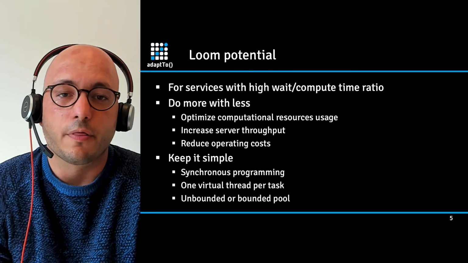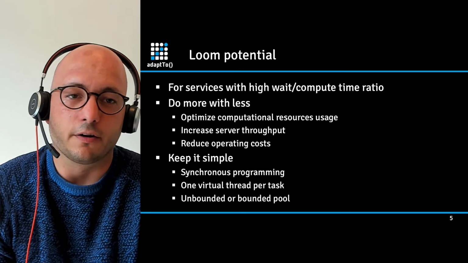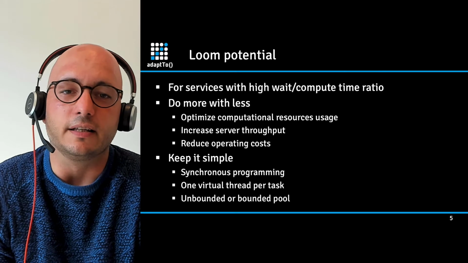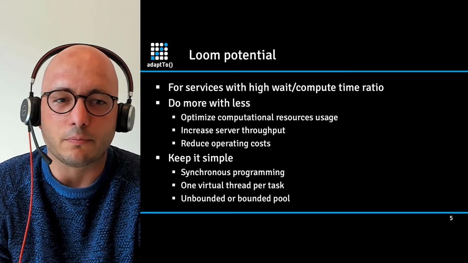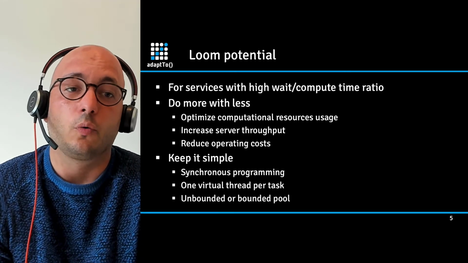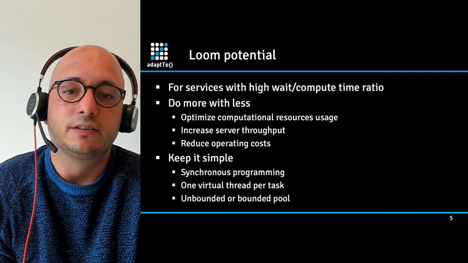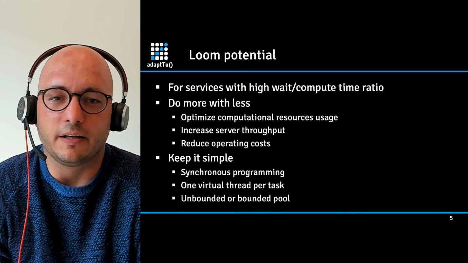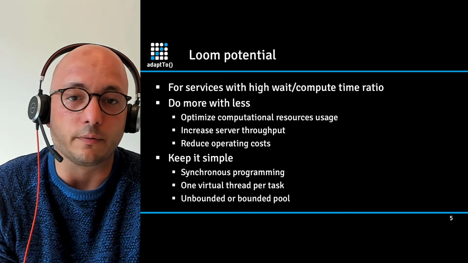Since virtual threads are way cheaper than kernel threads, we could run many more of them. The OpenJDK developers talked about millions of them. So we would no longer need to limit the number of threads that we consume, typically via a bounded thread pool.